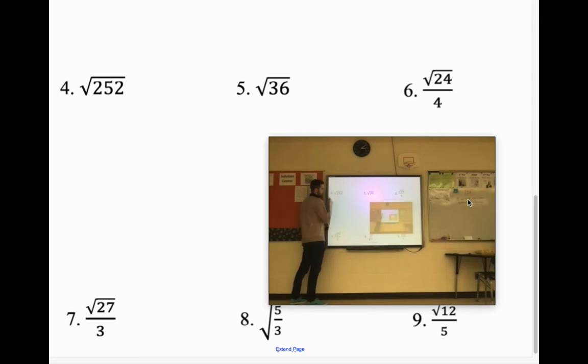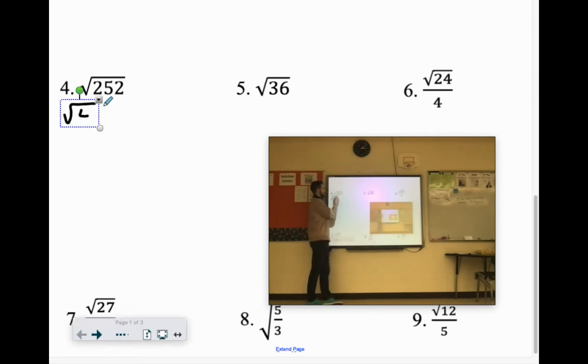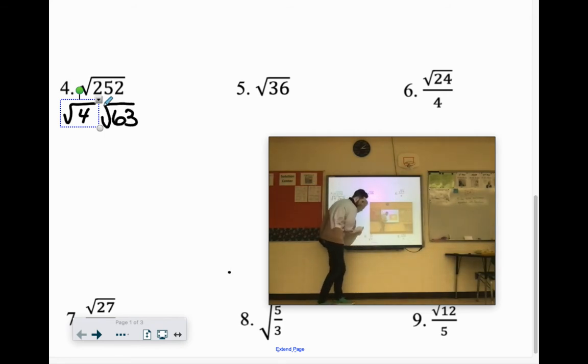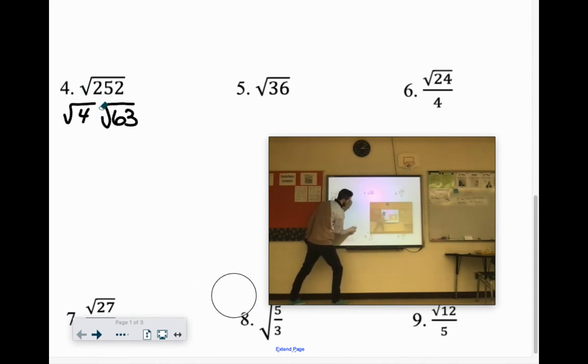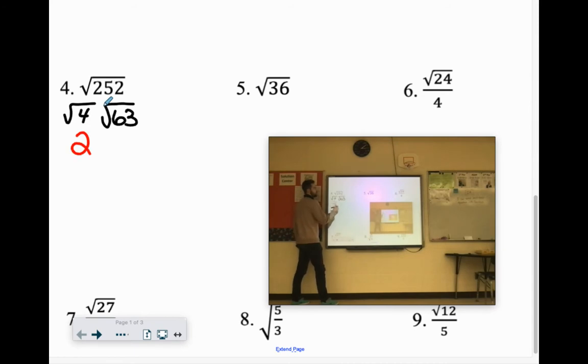Okay, well, let's see here. Square root of 4 times the square root of 63. The square root of 4 is 2. It's a Friday afternoon. Square root of 4 is 2. Now 63 has more perfect squares in it. It's 9 times 7. I'm just saving myself a line of writing here.